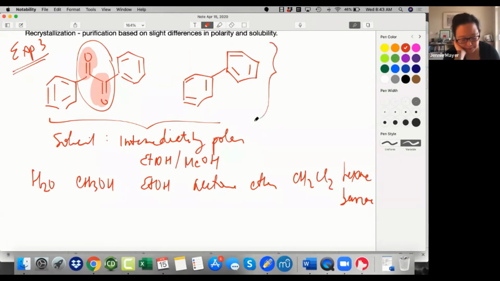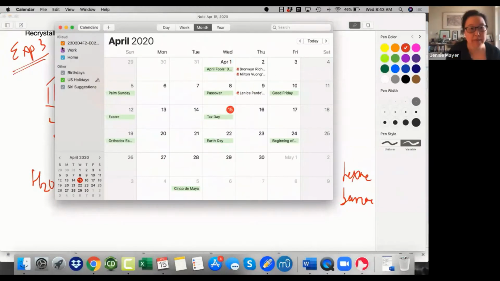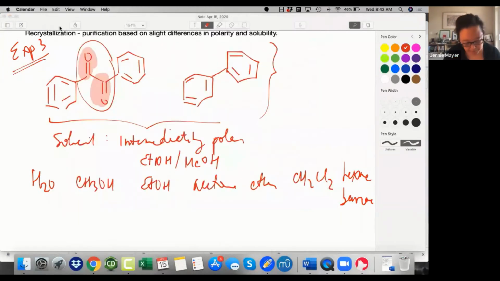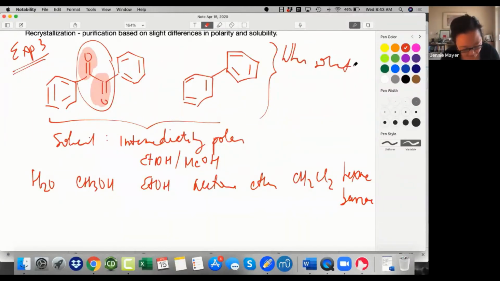So the way that this separates is that when the solvent is hot, and I'm sorry about my writing here, both are soluble, but when it cools, one precipitates.